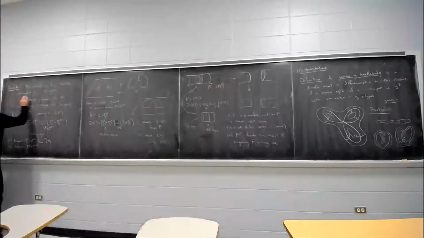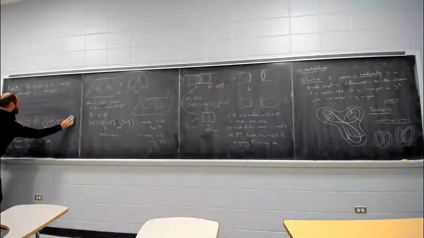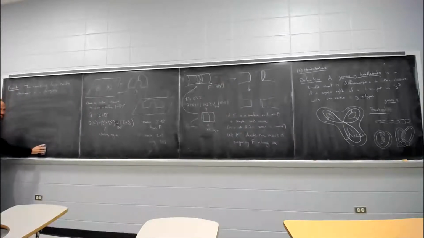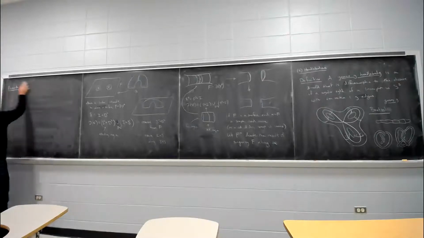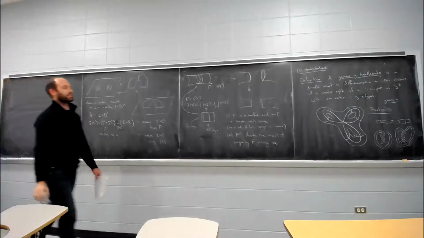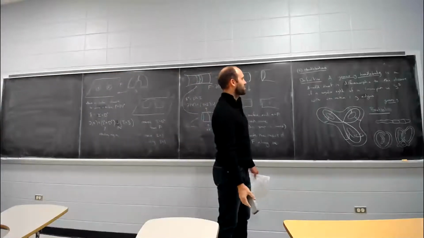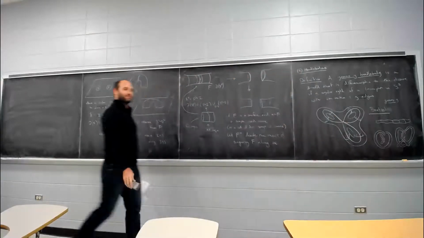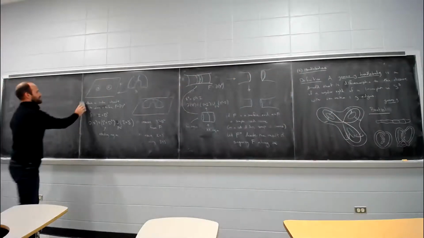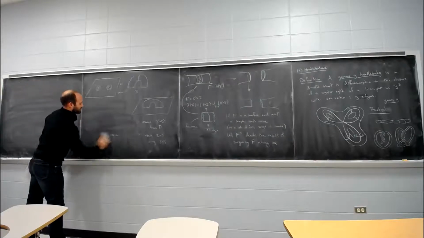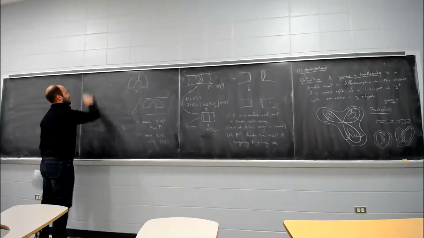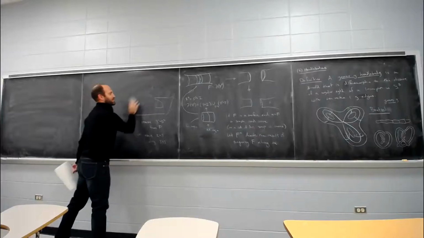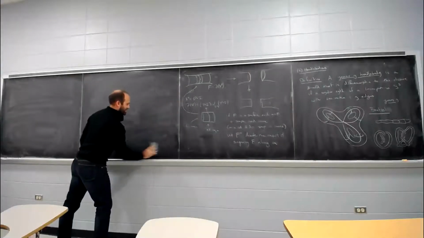Shall we take a vote? Pretzel or handle body? You want pretzel to mean the standardly embedded handle body, or just all handle bodies? No, this definition. I feel a little weird saying pretzel, but I think we should call it pretzel. A genus g pretzel is a three-manifold diffeomorphic to a neighborhood of a one complex. And then all we need to do is get a better name for a four-dimensional one-handle body, and we'll be in business with some sort of culinary term for that.